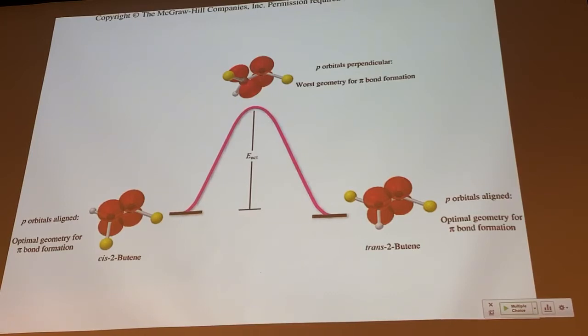So you would have zero overlap between your p orbitals. You would have no pi bond at that point. You'd have to completely break the pi bond to rotate and convert cis into trans or trans into cis. And it requires too much energy to break the pi bond, so that doesn't happen.